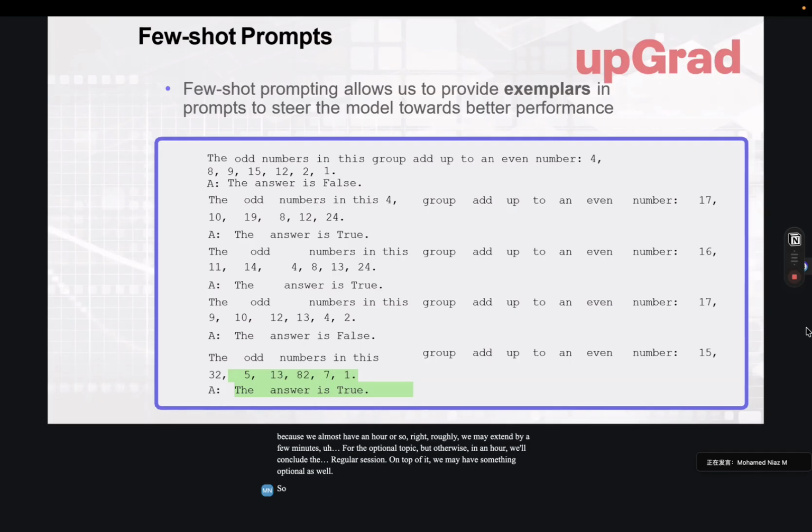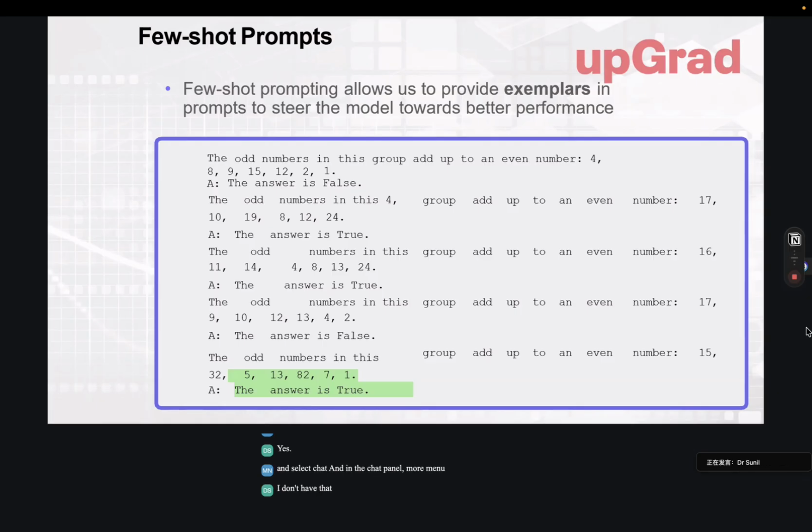So you have to click on More in the meeting controls. Yes. And select chat. And in the chat panel, the More menu. I don't have that option here.